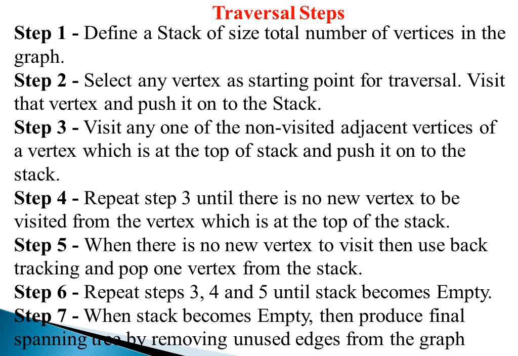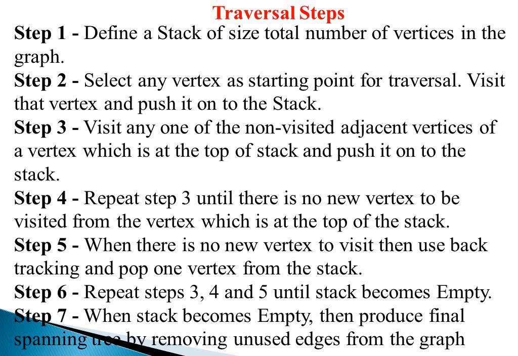We check all the non-visited adjacent vertices, and whichever vertex is not covered, we find that vertex and add it to the stack. Step number 4, we repeat step number 3 until there is no new vertex to be visited from the vertex at the top of the stack. That means we are traversing all the adjacent vertices.